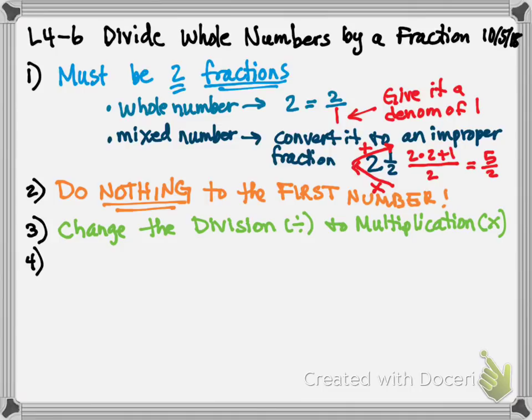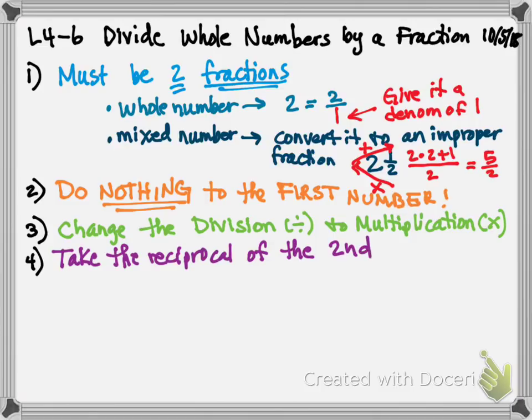So what we're going to do is take the reciprocal of the second fraction. Okay? So what I mean by reciprocal, and I'm going to give you several examples right here.